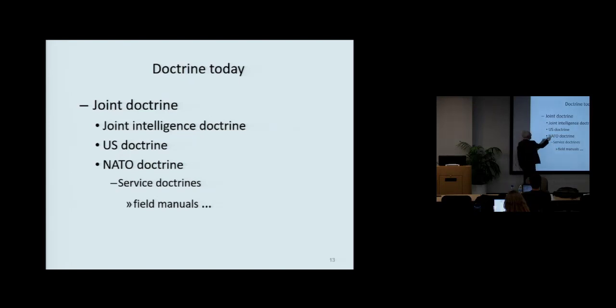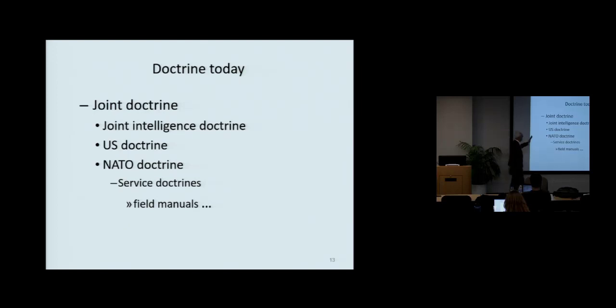And NATO doctrine is supposed to be logically subservient to joint doctrine, but as you can imagine, that's a very difficult trick to perform, because joint doctrine is created by the US and NATO doctrine is created by multiple governments who might not always agree, or who might agree but they don't negotiate carefully or in detail sufficiently.